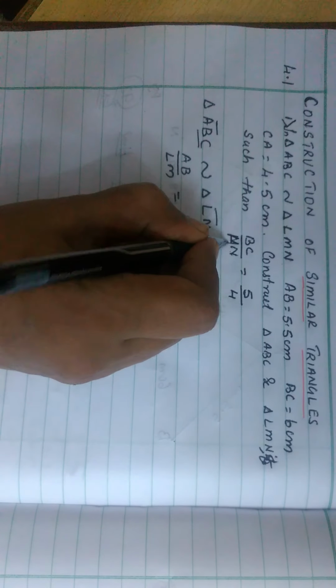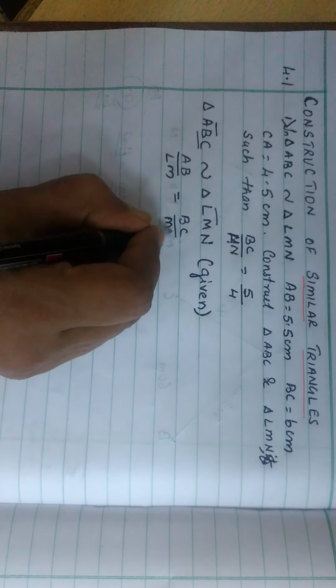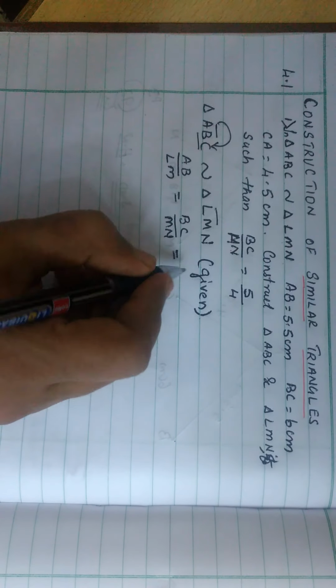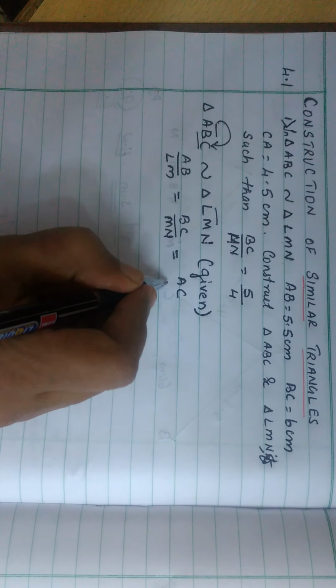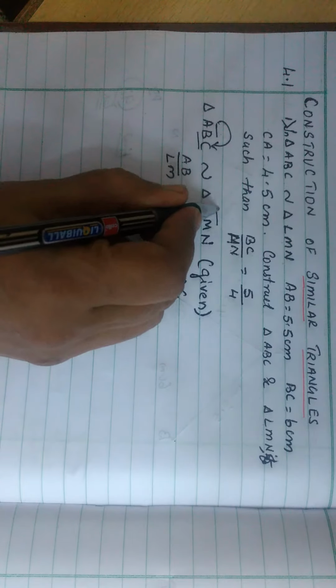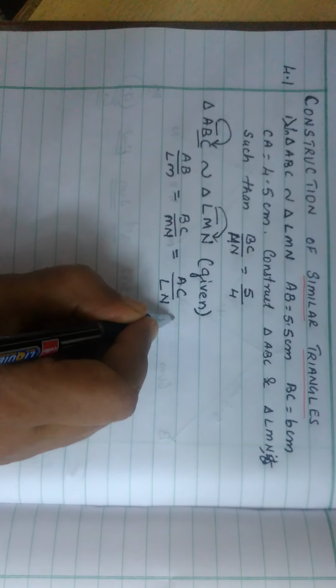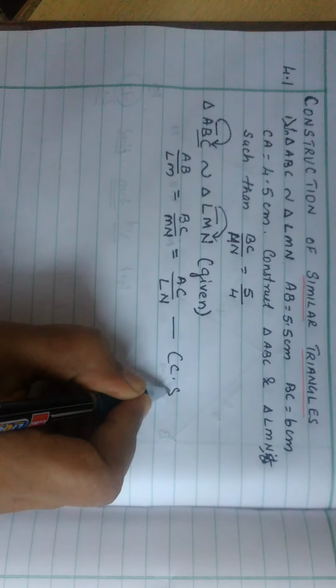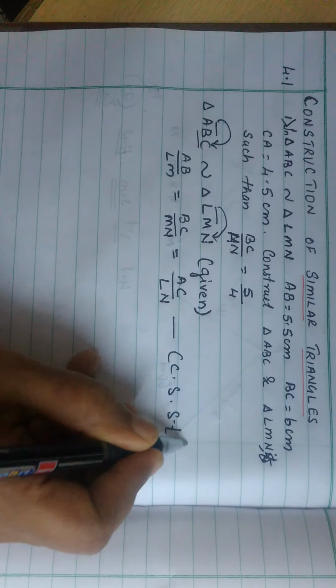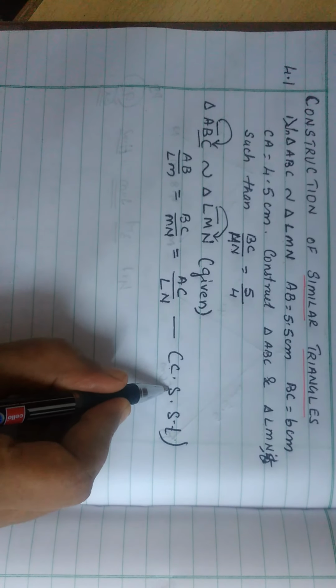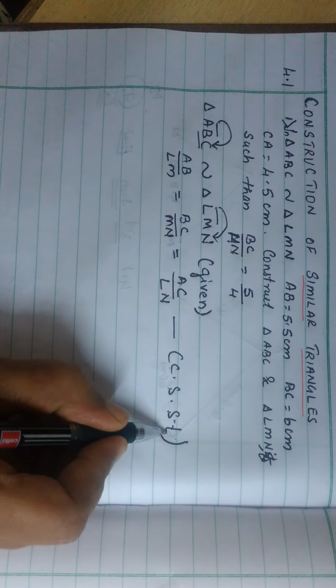MN is equal to, next one is AC upon LN, the last side, LN. Okay, what is the reason? CSST, that is corresponding sides of similar triangles.